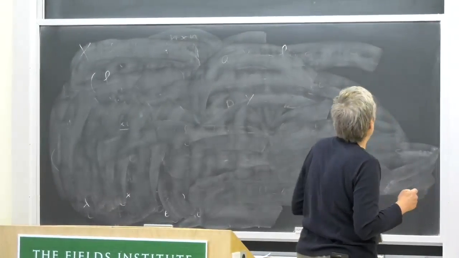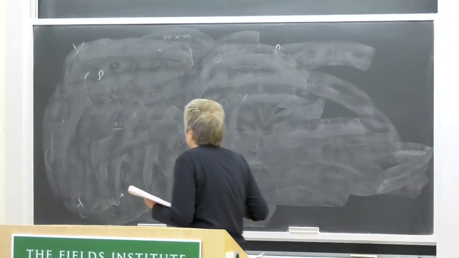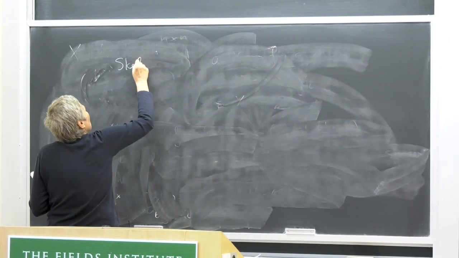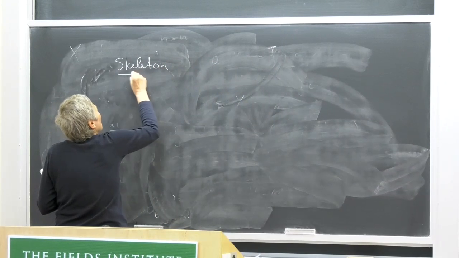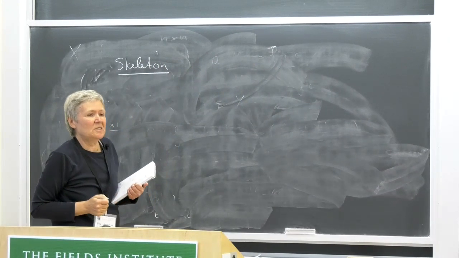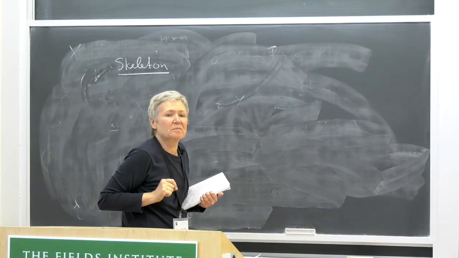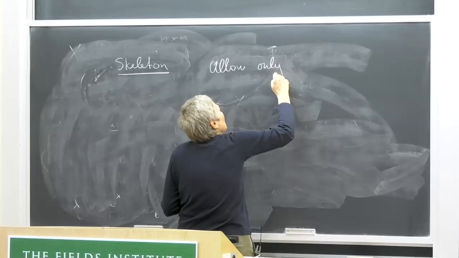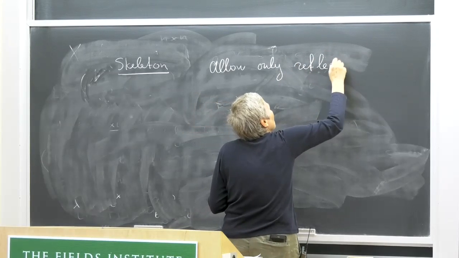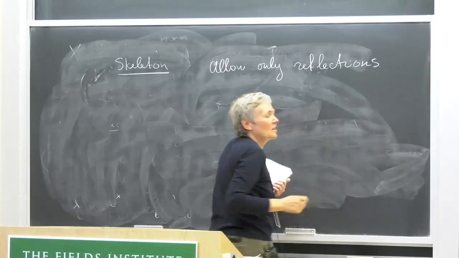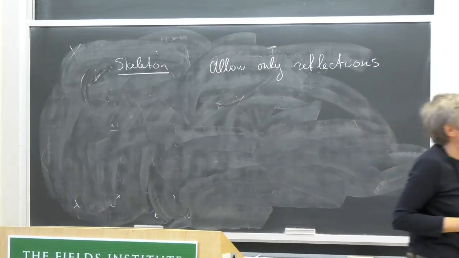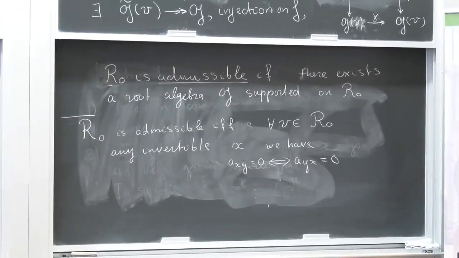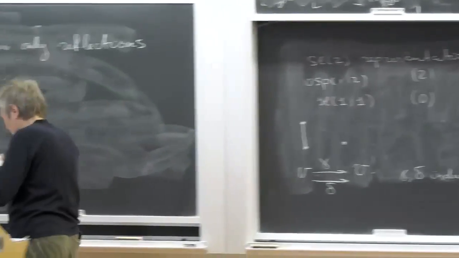I would like to explain something which is called a skeleton, which is actually the combinatorial graph behind this. Skeleton is something when you only allow reflections. And if you are in a finite dimensional situation, if your root algebra is finite dimensional, then your skeleton is essentially some finite graph.